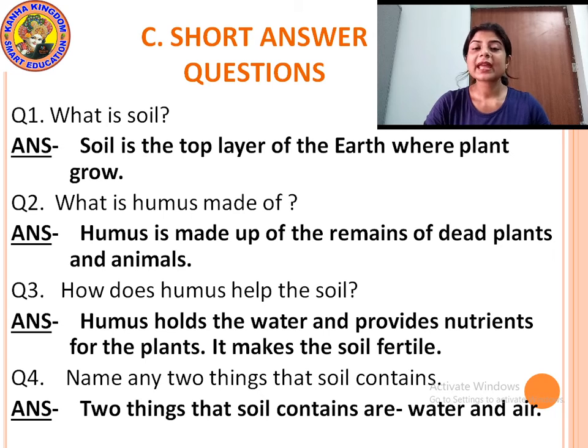Full stop. It makes the soil fertile. Then question number 4. Name any 2 things that soil contains. 2 things that soil contains are water and air.